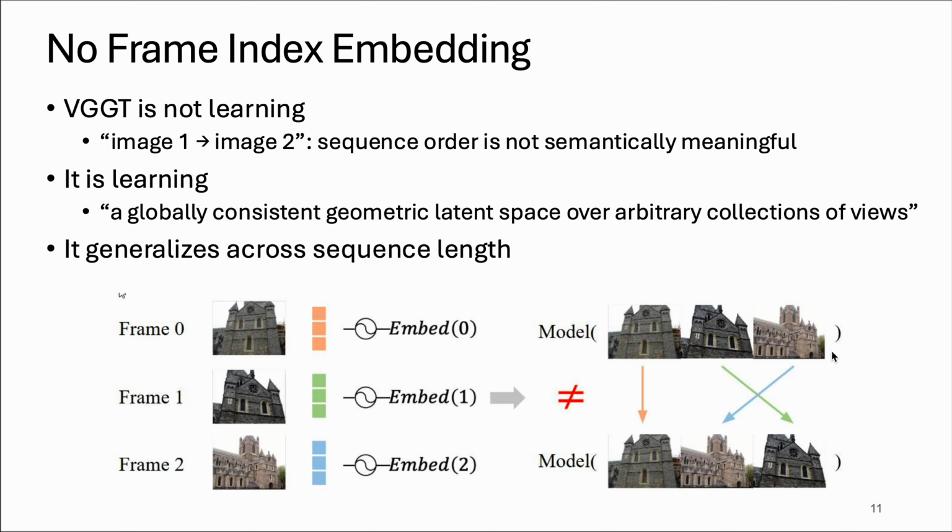This picture also shows clearly: if we add the frame index embedding, like this is image 1, 2, 3, and feed this list of images to the model, we may get a different model versus if we feed image 1, 3, 2, because the input is different, since the images are added with different frame index embeddings.